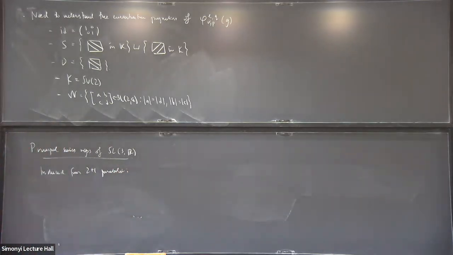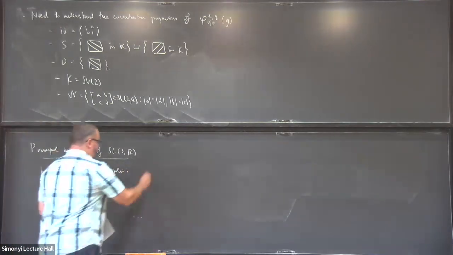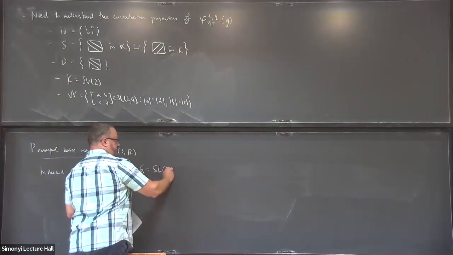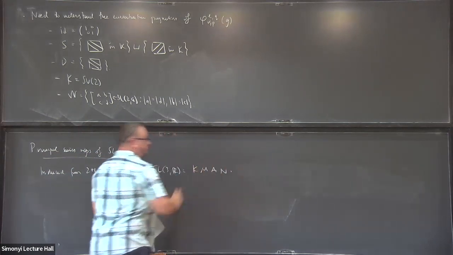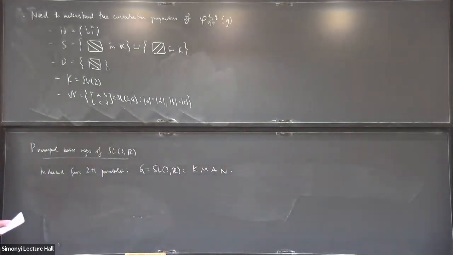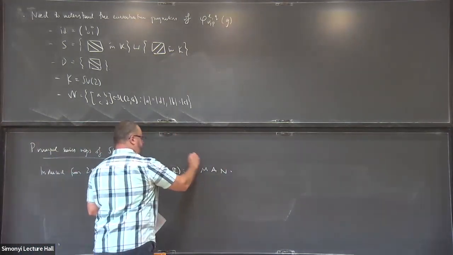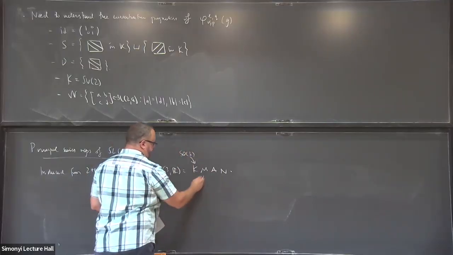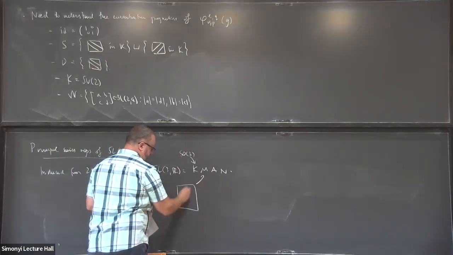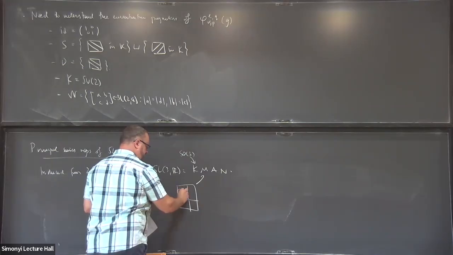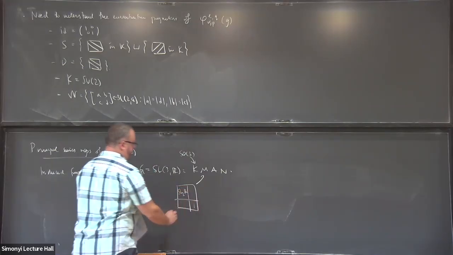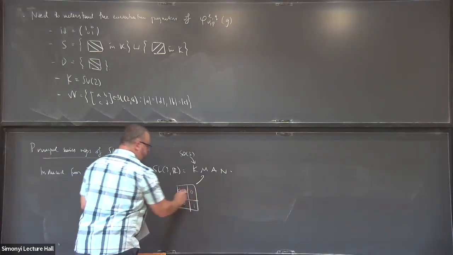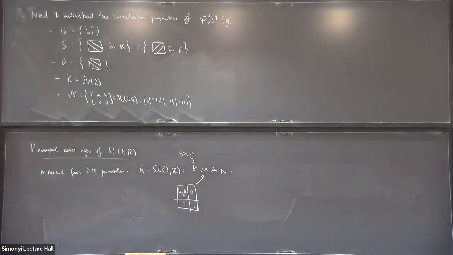Here I will need one little Iwasawa decomposition. This group is SL3R, and I can think about it as KMAN. I'll just specify for you what is what. K is just SO3. M, in this case, is the group of matrices that look like SL2R, and then just one here, and otherwise they're 0 and 0.